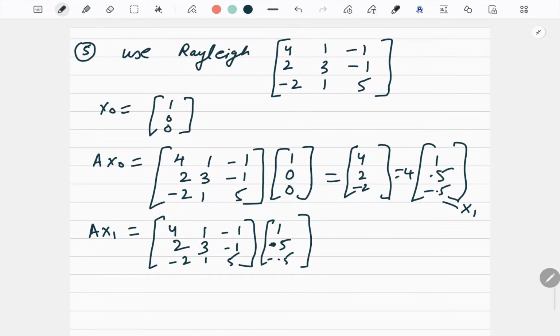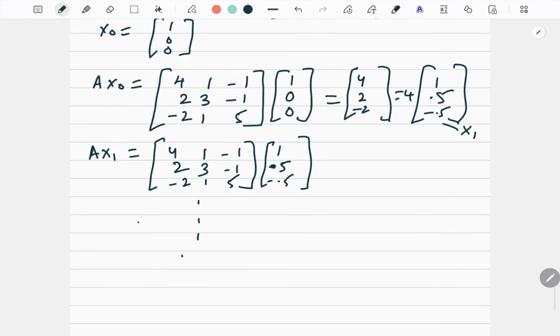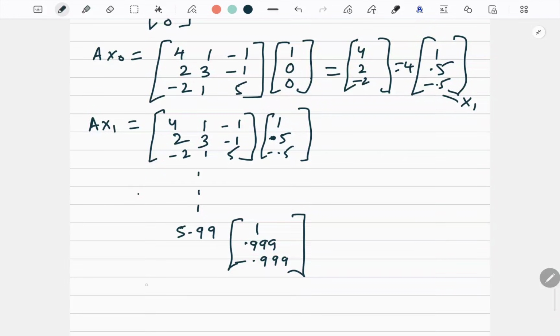Correct? So when I multiply and keep continuing this process, at the end after 3-4 steps, I will get 5.99, 1.999 and minus 0.999. So I will round it up and my eigenvalue will become 6 and my eigenvector will become 1, 1, minus 1.